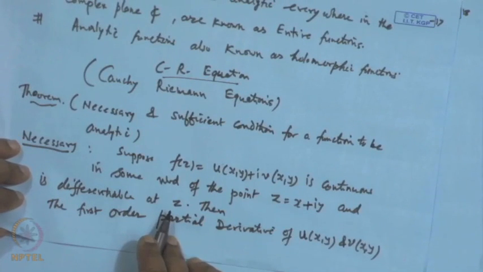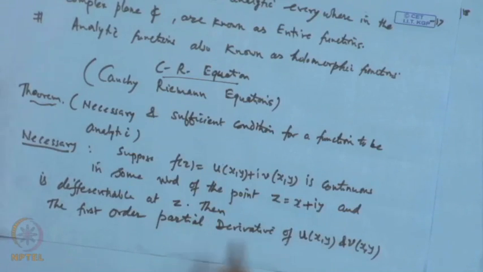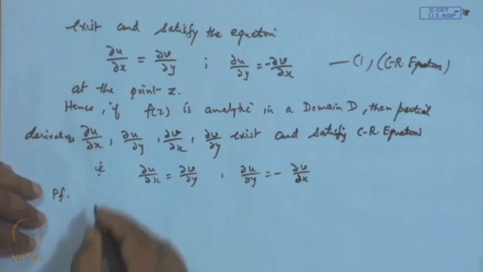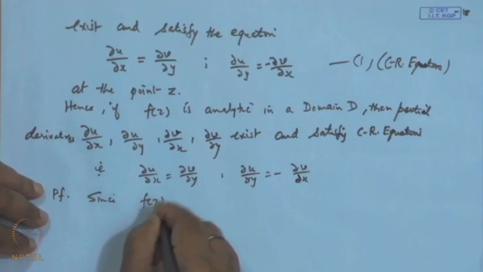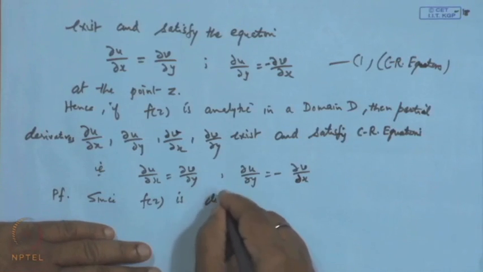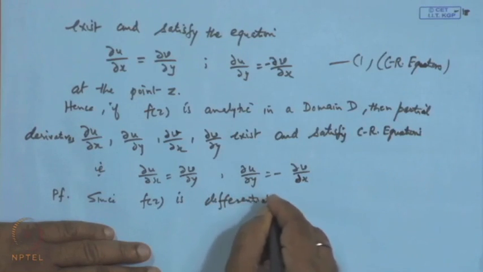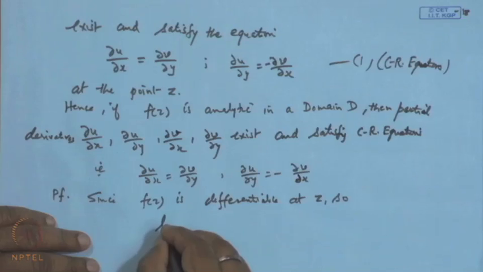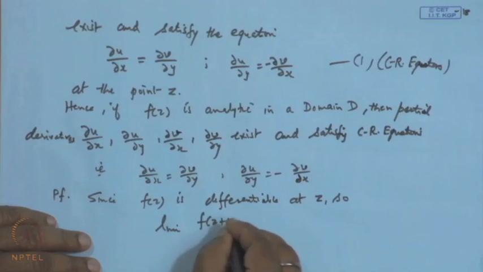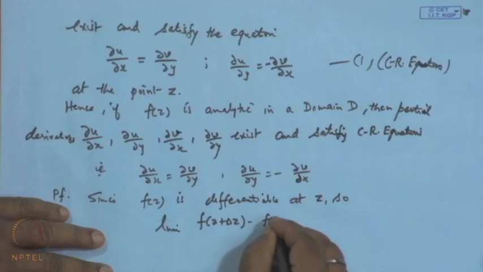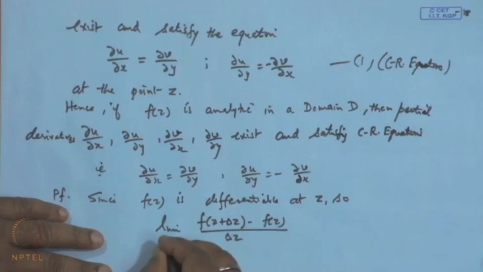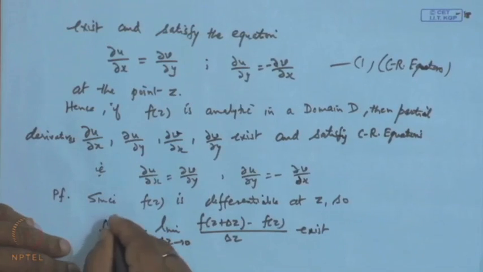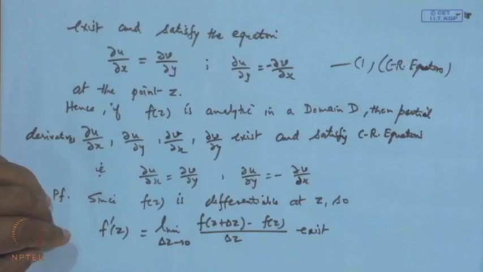So it means the derivative f prime(z) exists. That is, the limit of [f(z + Δz) − f(z)] / Δz exists as Δz tends to 0, since the function f(z) is differentiable at the point z, and the value we write as f prime(z).